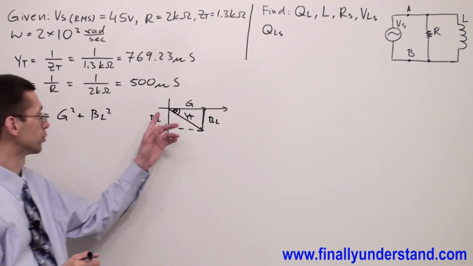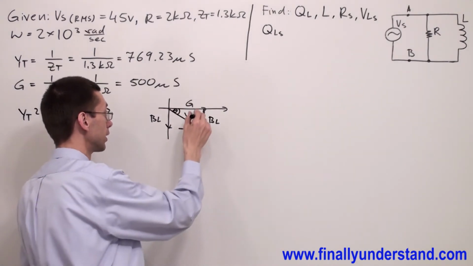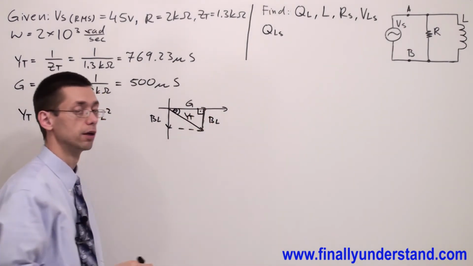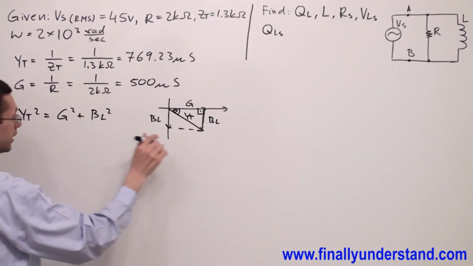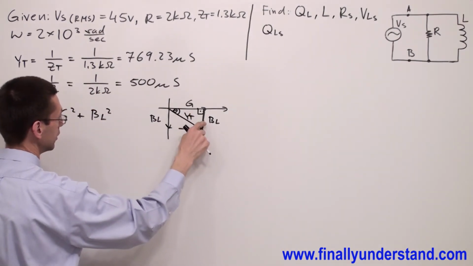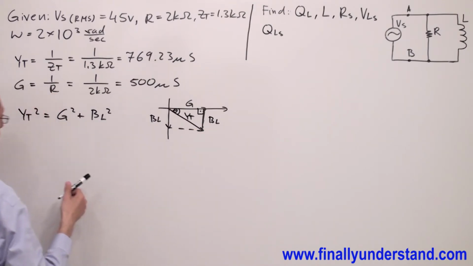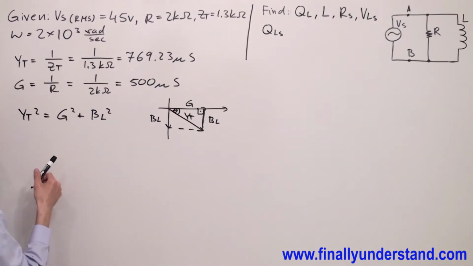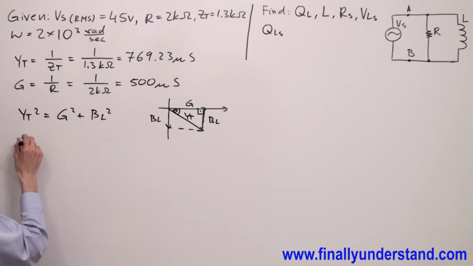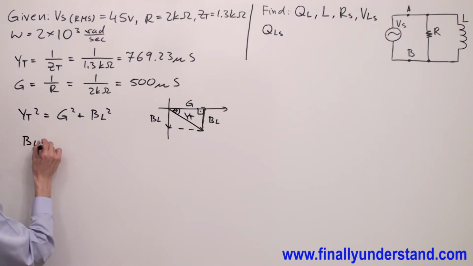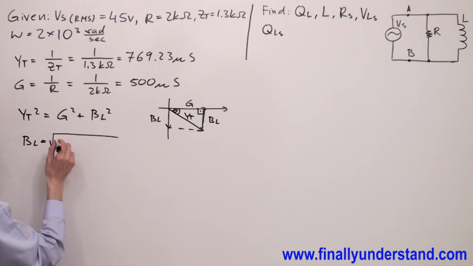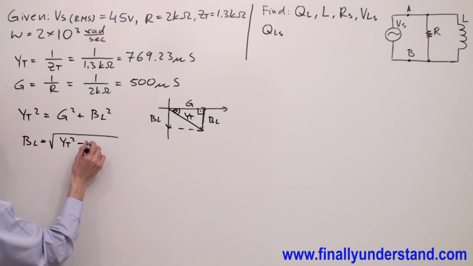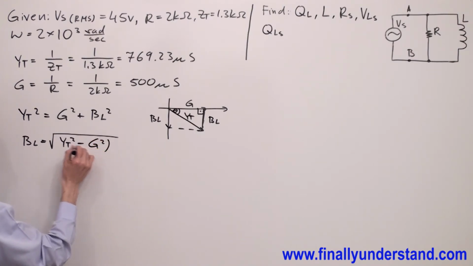So because we are dealing with the right triangle, right, we can use the Pythagorean theorem to find the missing side of the right triangle. In this case, we can find missing BL. So BL is equal square root, and I have Y total square minus G square.